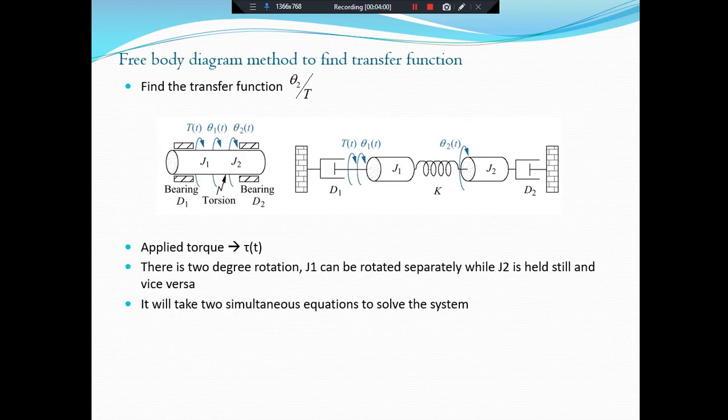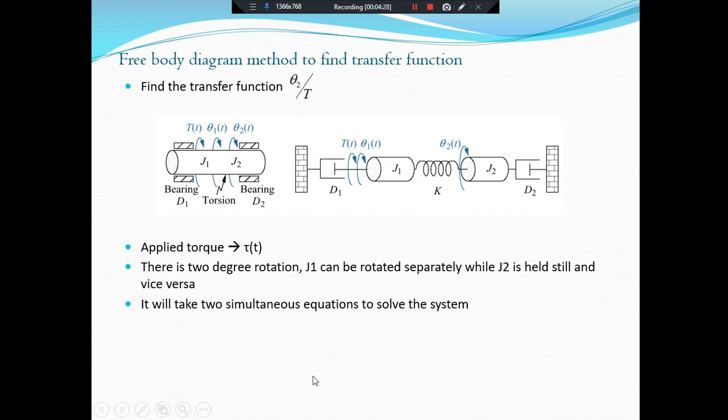Now we will study the free body diagram of the rotational mechanical system. As in the translational mechanical system, we studied that the number of equations depends upon the number of freely moving masses, or degrees of freedom.